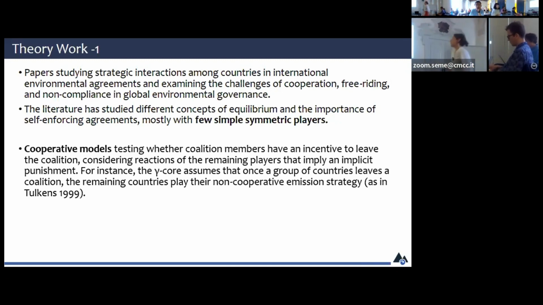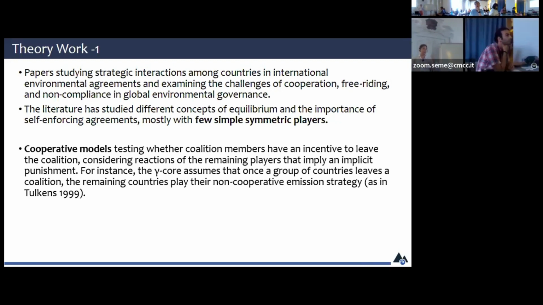Okay, so this is the first type of literature that is out there, but most people said, okay, that's not the way it works. That's too easy to maintain a coalition, because if the counterfactual is everything unravels, obviously countries will find a way to cooperate.